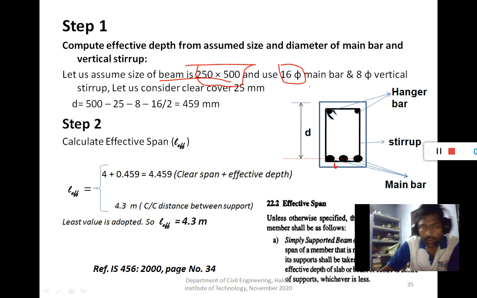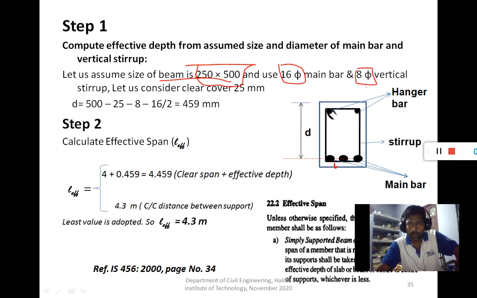Generally in buildings, this is a standard diameter of bar commonly used in beams. Again, for the stirrup diameter, 8.5 is a standard and commonly used diameter, that I have assumed.